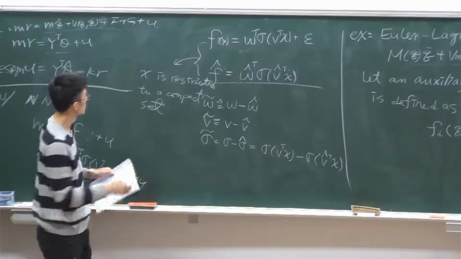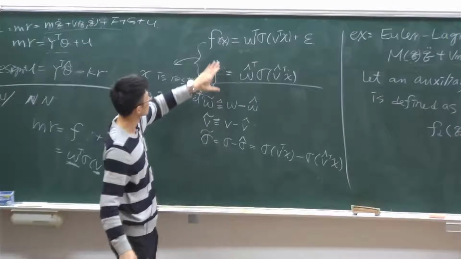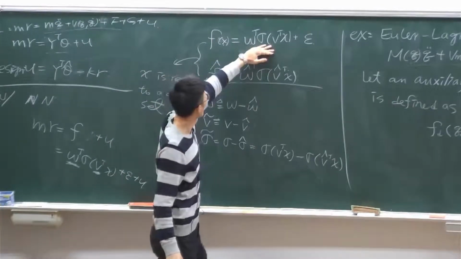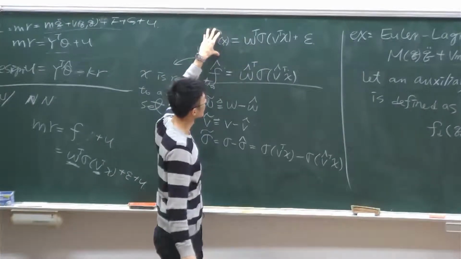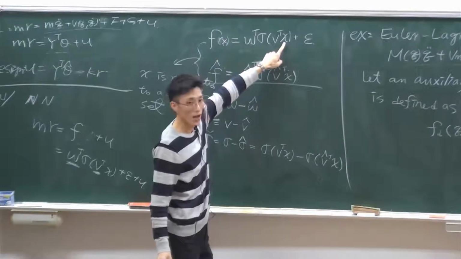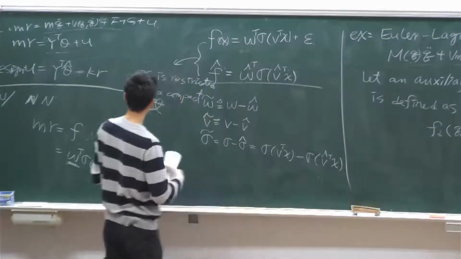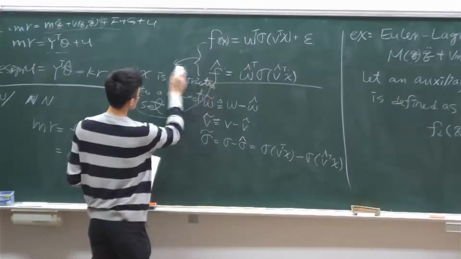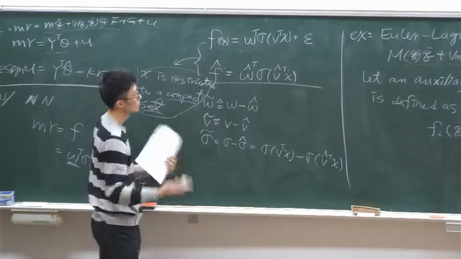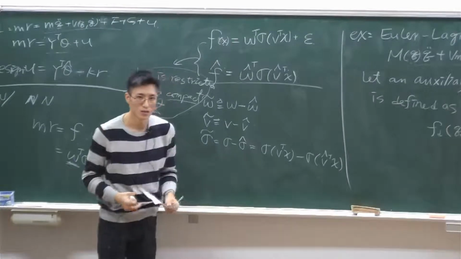That means if you want to use neural network to approximate a function, the variable x has to be bounded. Compact set means bounded. Compact set means x has to be bounded.